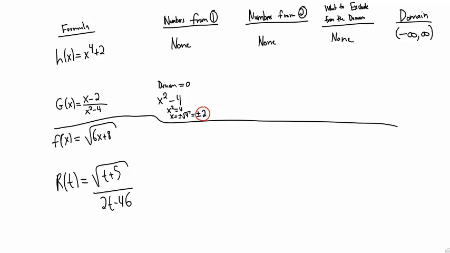So we'll have to exclude those. And we look at this formula and see that there are no radicals, so right away there are no numbers to exclude from case 2. So we need to exclude these. So in interval notation, it is written as the union of these three intervals.